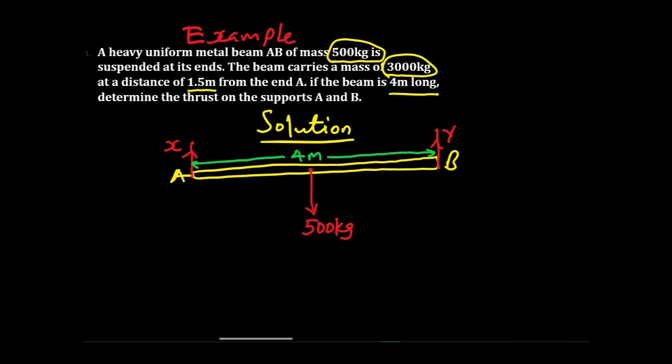So it carries a mass of 3000 kg at a distance of 1.5 from end A. So we assume this is 1.5 meter. So here we have 3000 kg. So you have been asked to find the thrust at point A and point B.